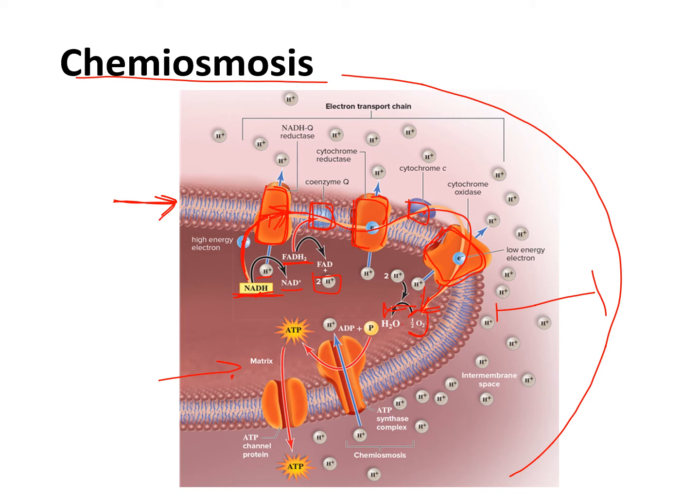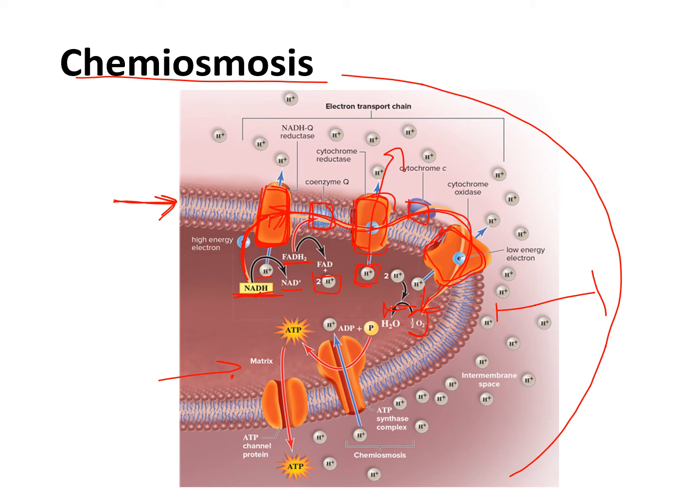That flow of electrons through those redox proteins is going to power some of the complexes to pump hydrogen ions out to the intermembrane space. So some of these proteins are called proton pumps because a hydrogen ion is just a proton.